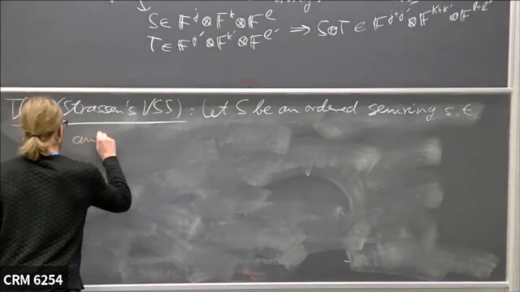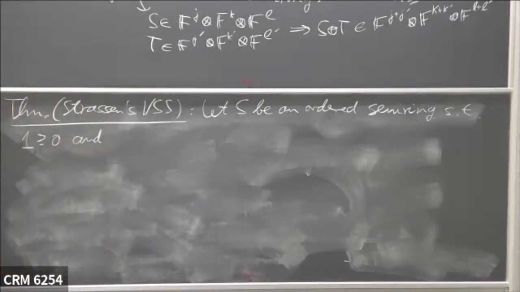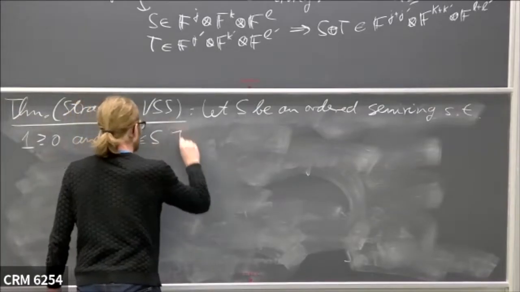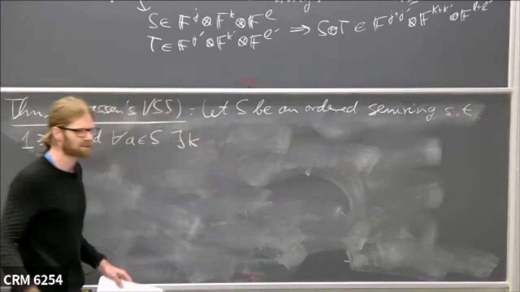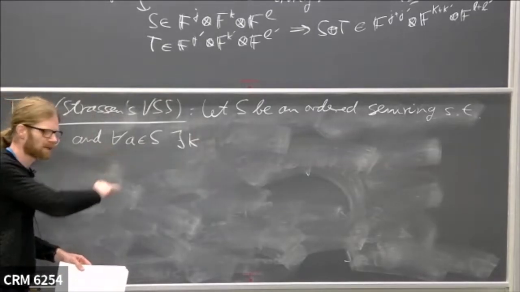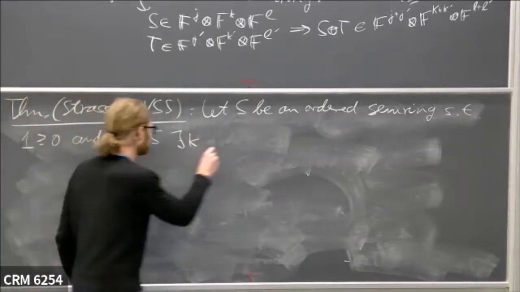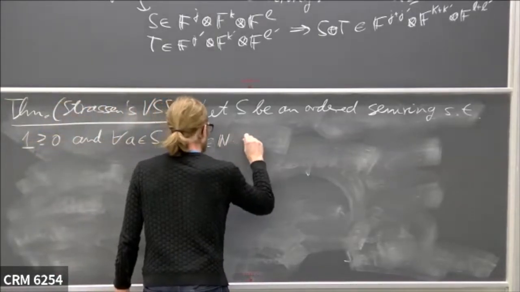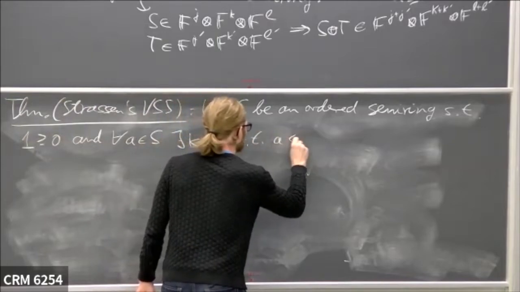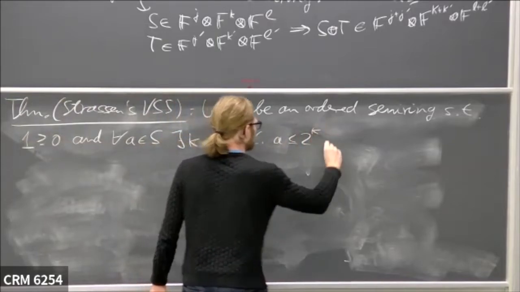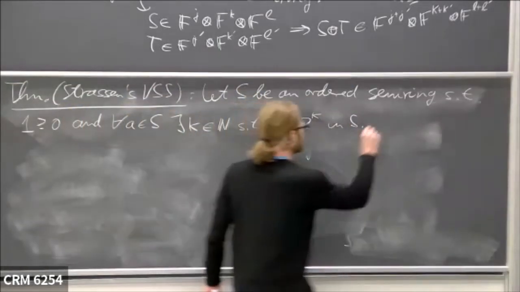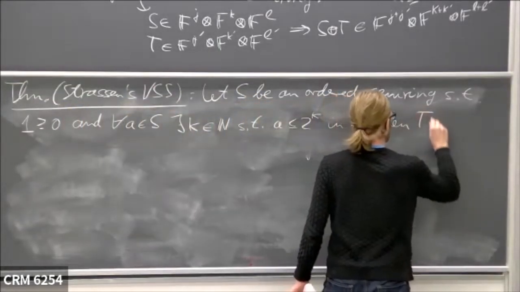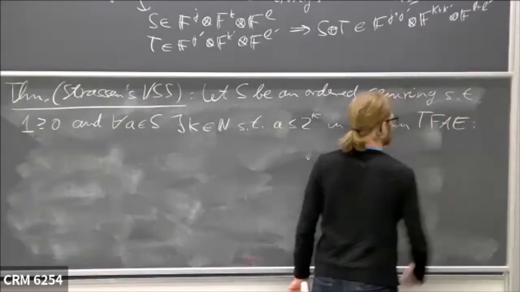And then the boundedness assumption, which basically says that every element should be upper bounded by a natural number. So for all A in S there should exist, and for reasons that we'll see in my generalization of this, I'm going to take this natural number to be a power of 2, some power k such that A is less than or equal to 2 to the k in S.